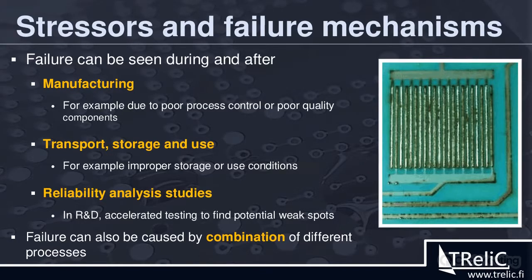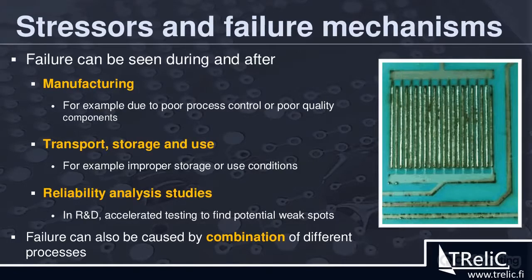And then where we get failures and products for failure analysis is reliability studies. These can be very important because they give us a possibility to really study and understand what's going on in a product and why it fails as it does. And it's important to notice that quite often we have a combination of different stresses from different processes.